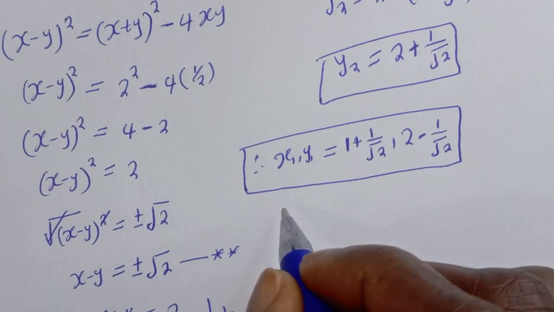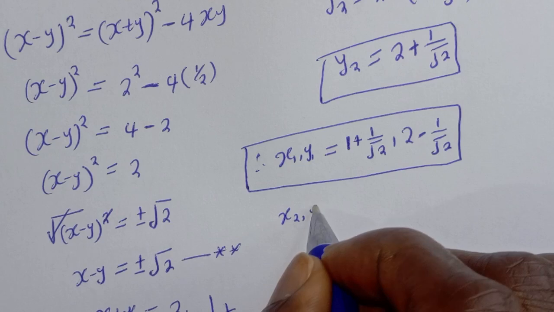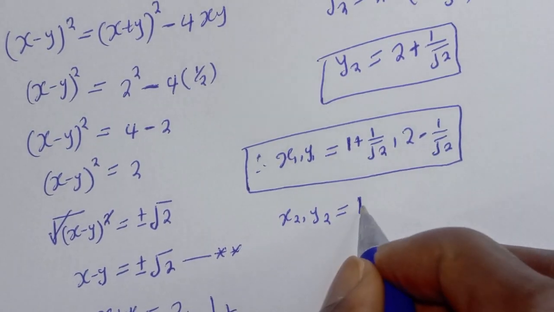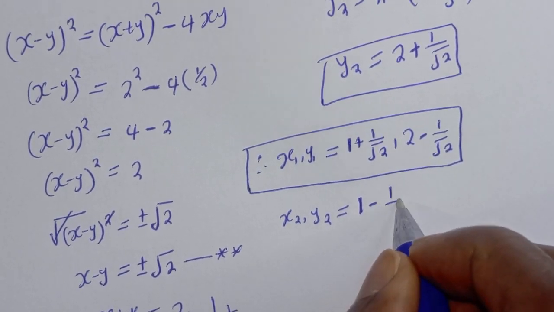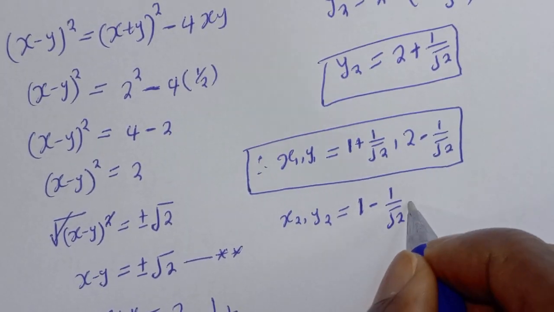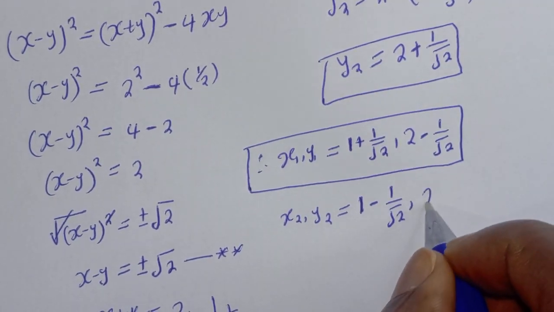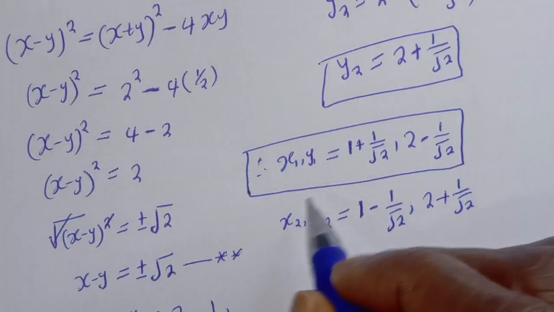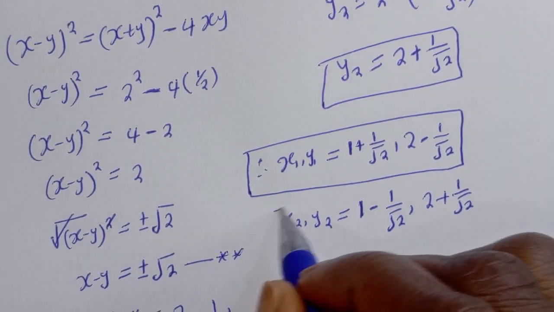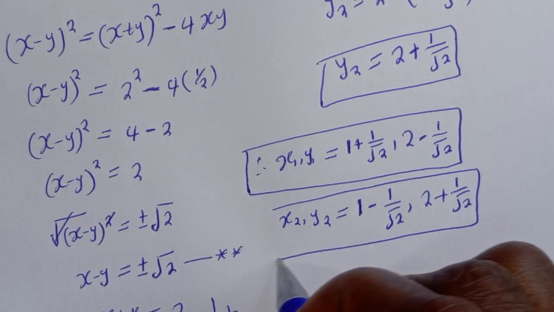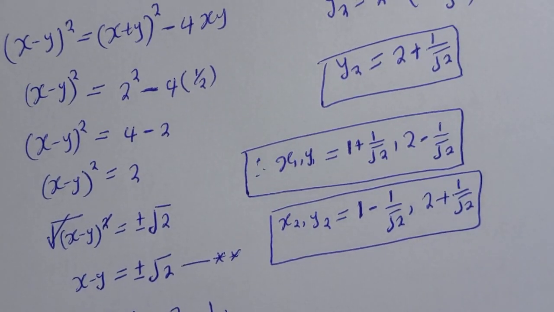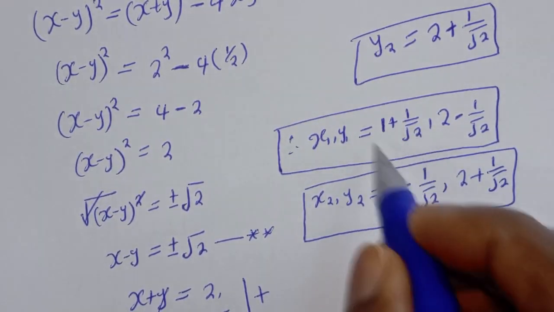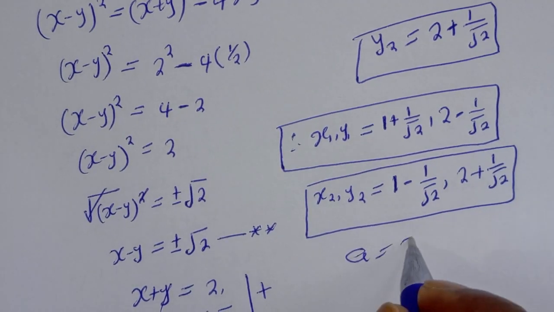Then x2, y2 is equal to 1 minus 1 over root 2, and 2 plus 1 over root 2. But remember that we've gotten this only from a is equal to 2.